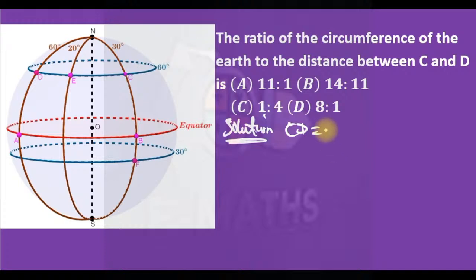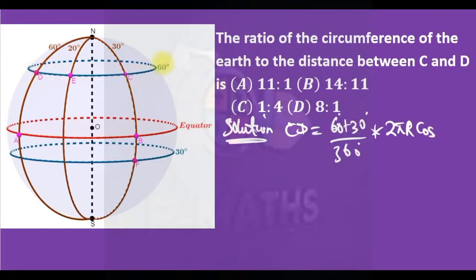So we add. So we have 60 plus 30 over 360 degrees times 2 pi. Remember, this is a small circle, and I've done the relationship between the small circle and the radius of the earth. It is always the radius of the earth times cos of the common latitude.